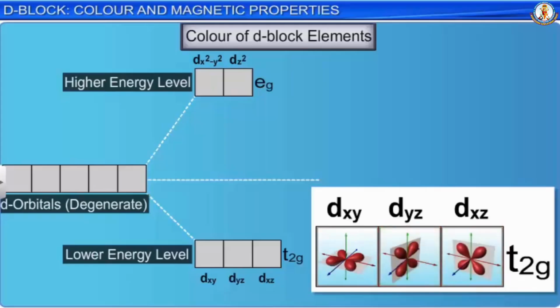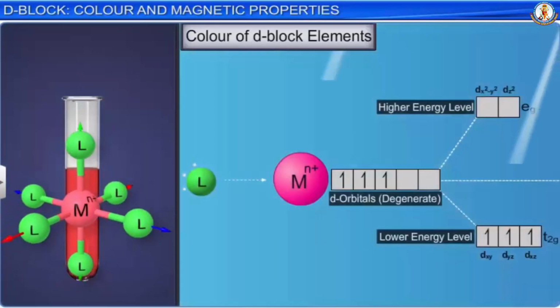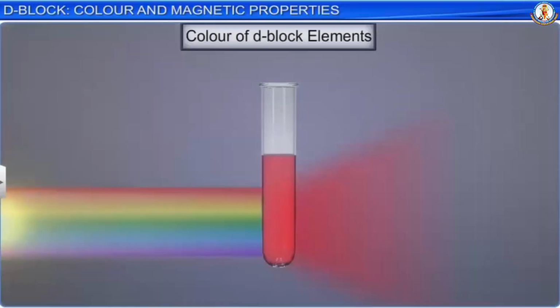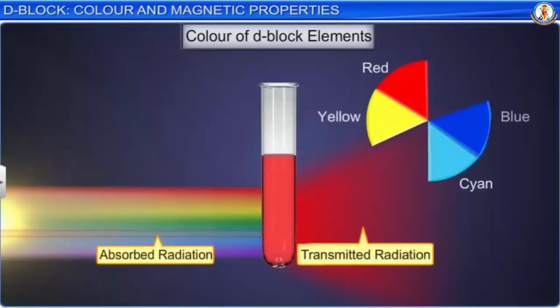When white light is incident on a transition metal ion, the electron in the lower energy d orbital set absorbs certain radiations and gets promoted. The transmitted radiation devoid of the absorbed radiations is the complementary color of the absorbed light.